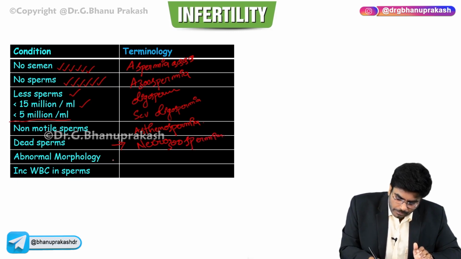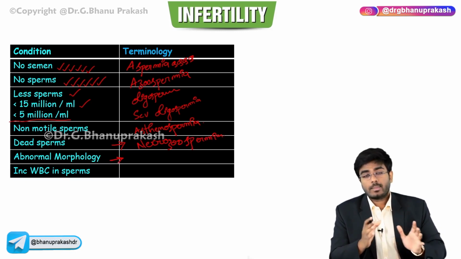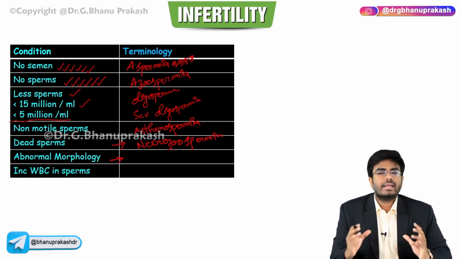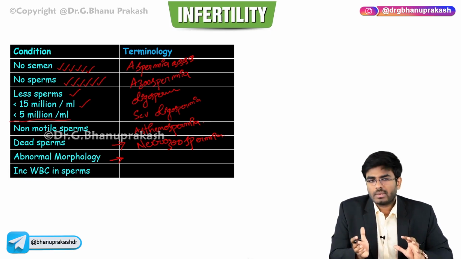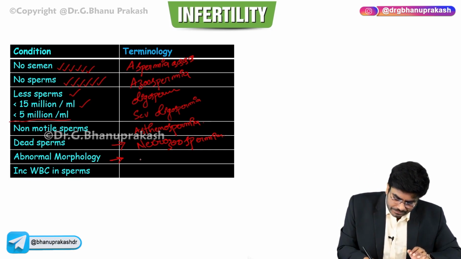Okay. Now abnormal morphology: there are sperms that are moving but their head, their neck or body piece or the tail are abnormal. That should be considered as teratozoospermia. Okay.